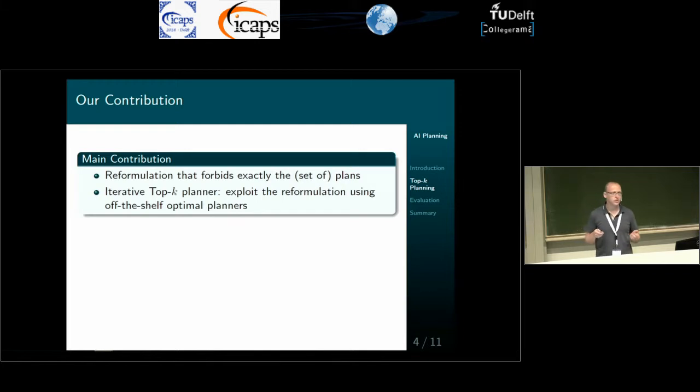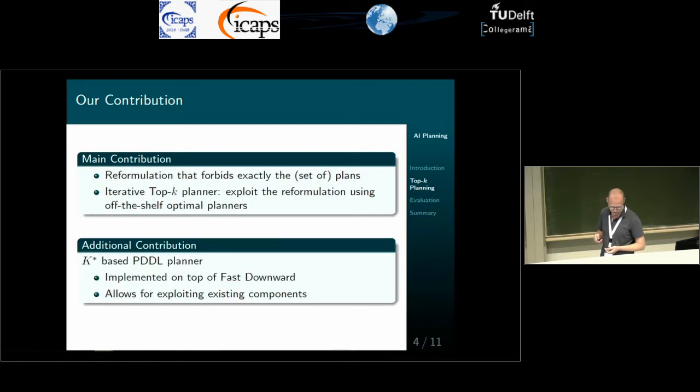And then you can take your favorite cost optimal planner, find a solution, possibly extend it to a set of solutions, forbid all of them by reformulating the planning task into a new planning task, and again find a solution, and so on until you find enough solutions. And if you use an optimal planner, you actually guarantee that that way you get top K solutions.